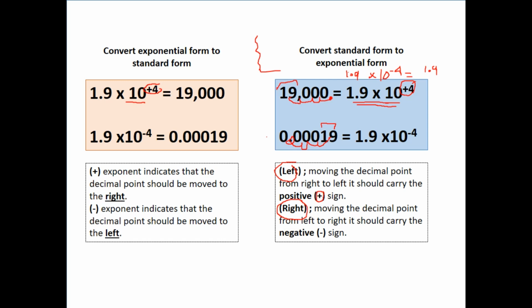But if you are from the left, going to the right, it should carry a negative sign. Okay? So again, from the right to the left, your decimal point will carry a positive sign. But if left to right, your decimal point will carry a negative sign.